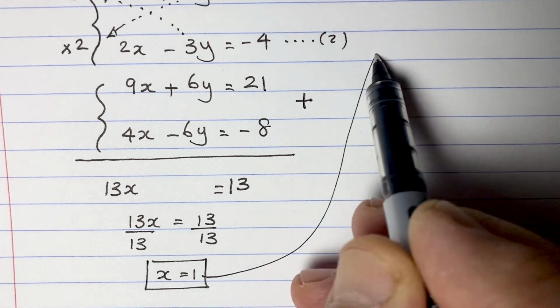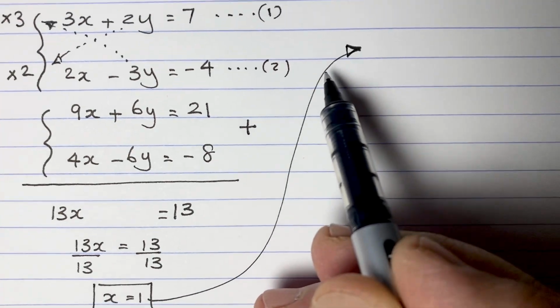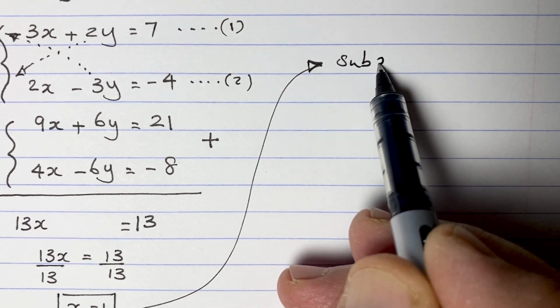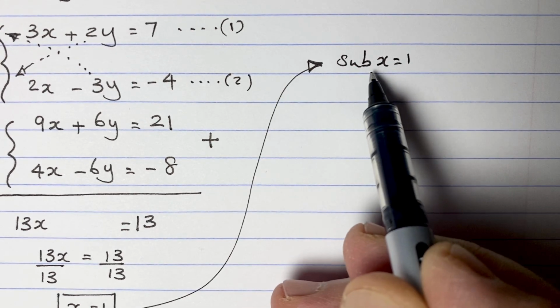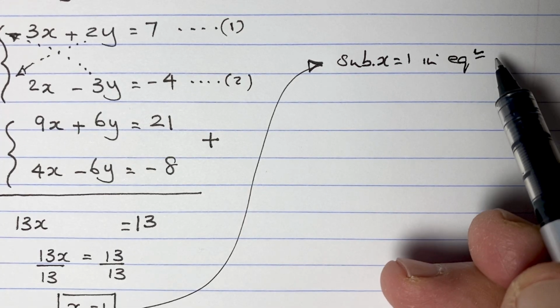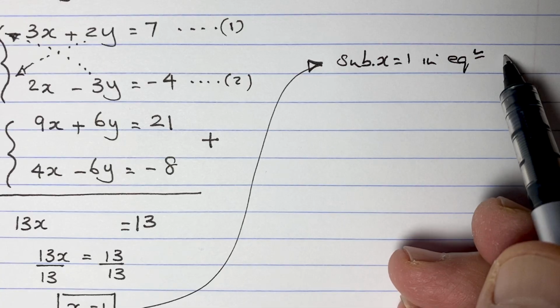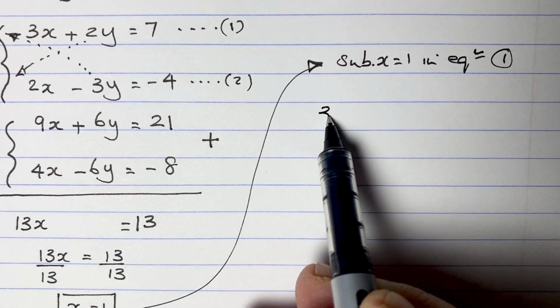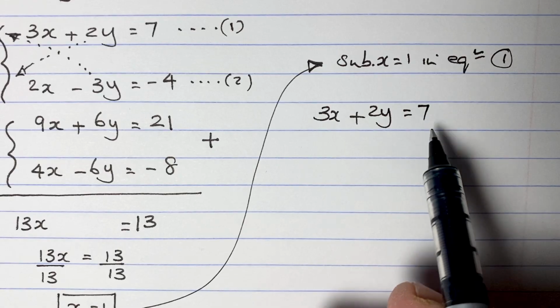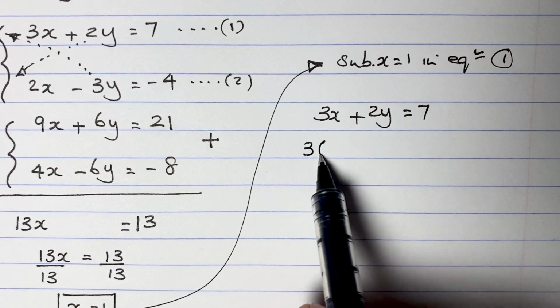Now, substitute x equals 1 in equation number 1. Let me write equation number 1. They're all positive terms. Substitute inside bracket.